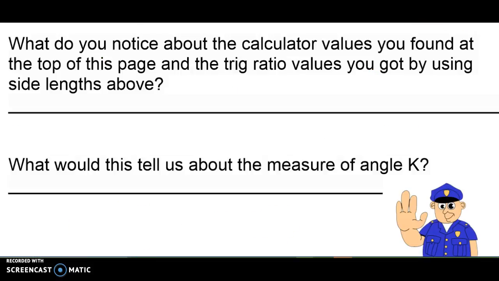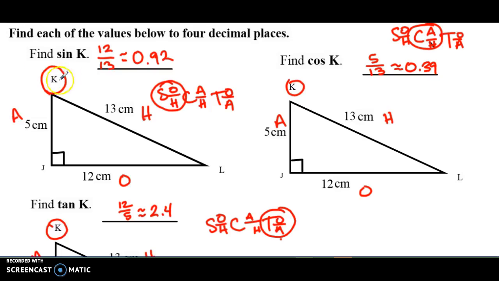So going to this last question that we have here, what you notice about the calculator values you found at the top and the trig values, we notice that they're pretty much the same. They're very, very close. So if they're very, very close, what is that going to mean about the measure of angle K on this triangle?